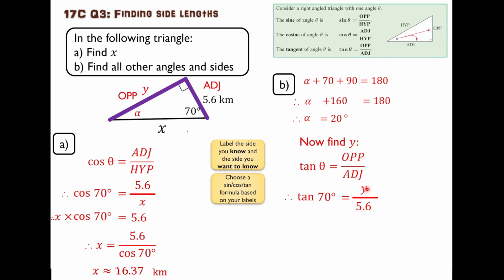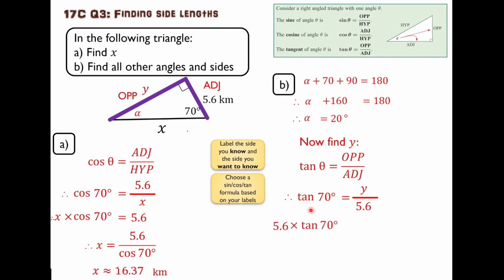Now I want to get Y by itself, so I really want to get rid of this divide by 5.6. And you can cross multiply. It moves from the bottom of this side to the top of that side. It goes across where it turns into a multiply. The other way of thinking of it is that the opposite of dividing by 5.6 is multiplying by 5.6 on the other side.